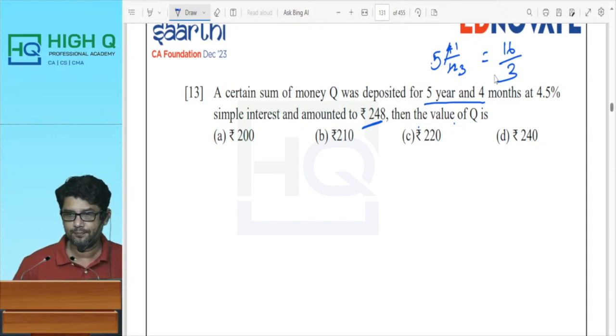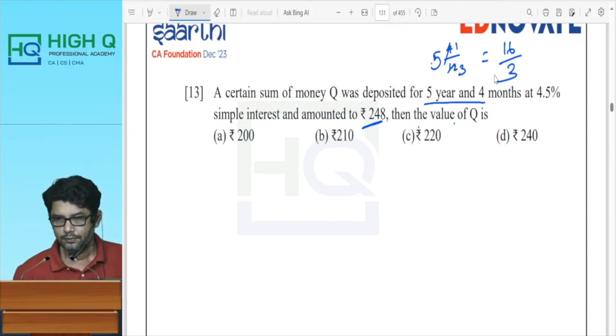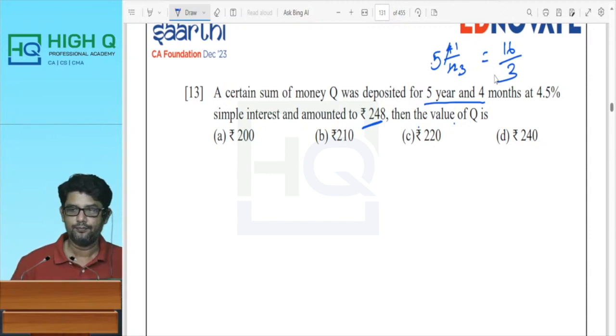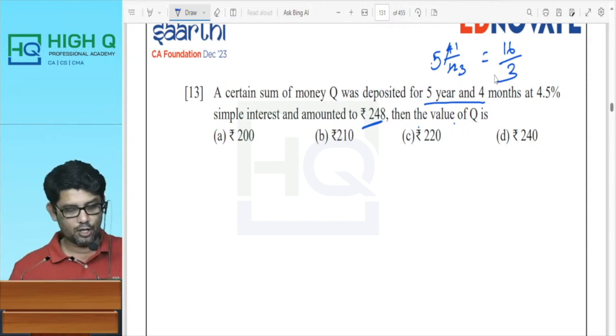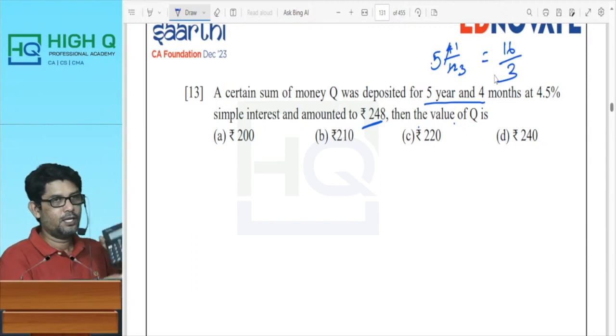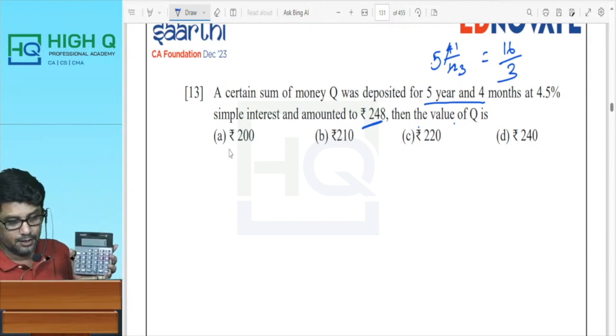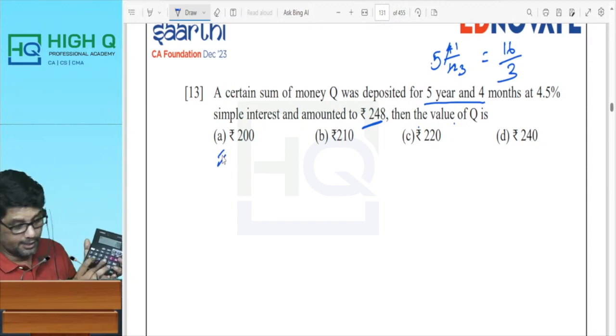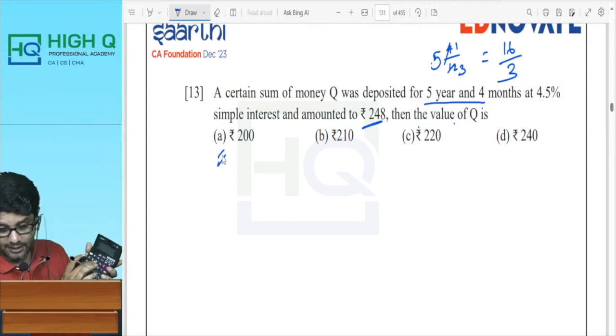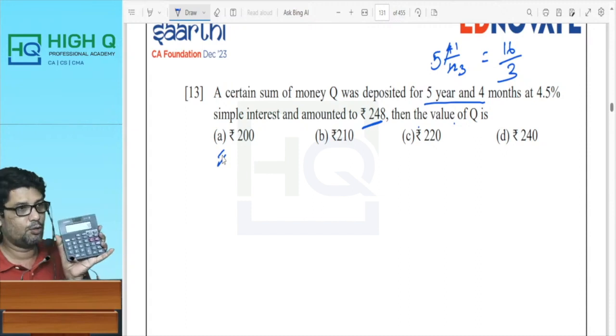Give me the answer. A. Simply what you do, my dear, if at all using a calculator, is the trial and error method. 200 into 4.5% into 16 divided by 3. 48 rupees I got.